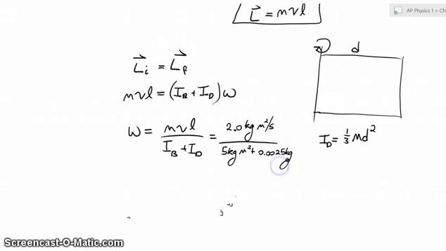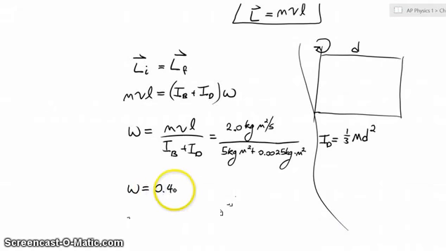Remember that the bullet was measured in grams, not kilograms. And all of that together is going to give us a final angular velocity of the door of 0.40 radians per second.